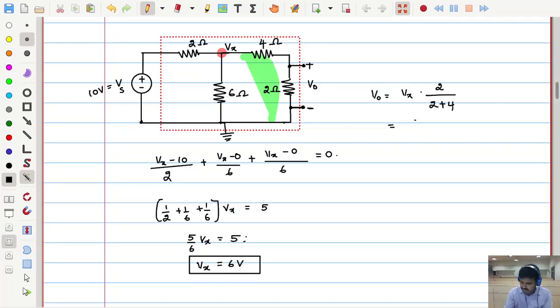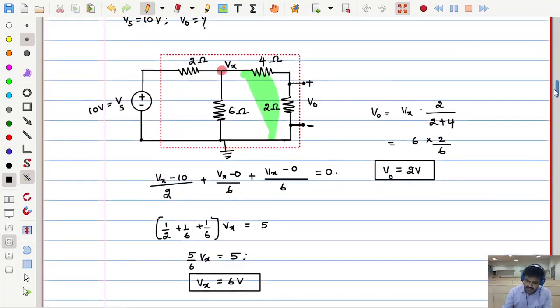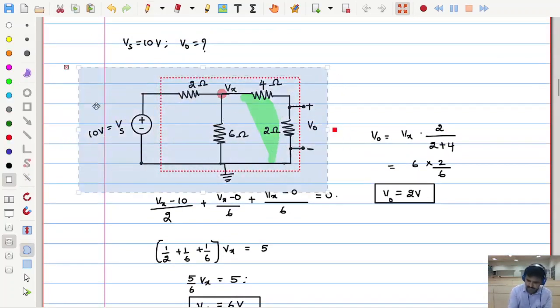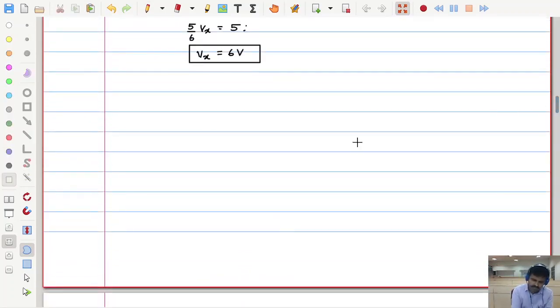So Vx is 6, into 2 by 6, which is equal to 2. In this way you can use the voltage division rule. In the same manner you can try the other cases, so let me quickly make the same circuit and show the rest of the calculation.